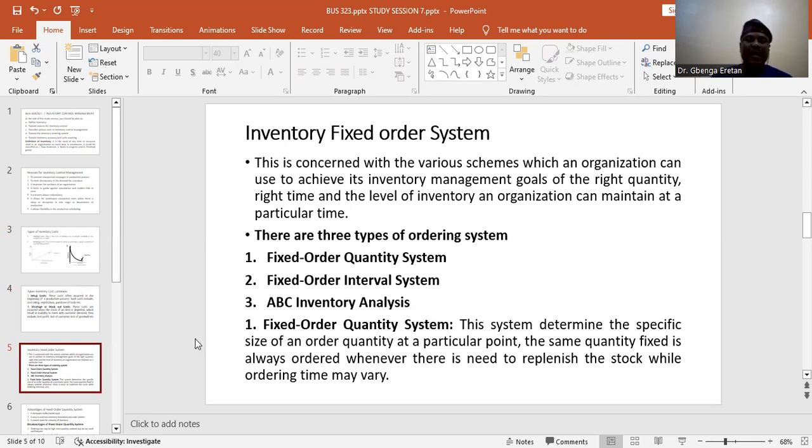We move on to look at inventory system, inventory fixed order system.